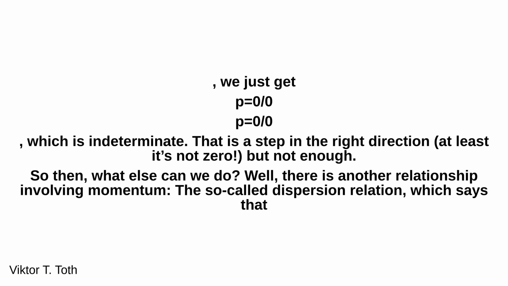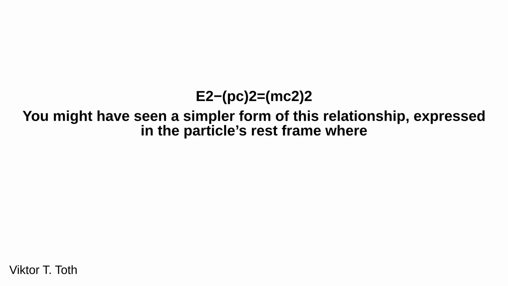Well, there is another relationship involving momentum, the so-called dispersion relation, which says that E squared minus (pc) squared equals (mc squared) squared. You might have seen a simpler form of this relationship expressed in the particle's rest frame where p equals 0: E squared equals (mc squared) squared, or simply, E equals mc squared.